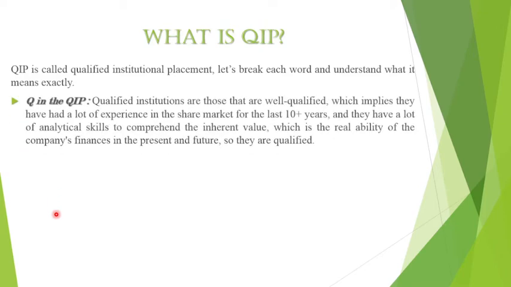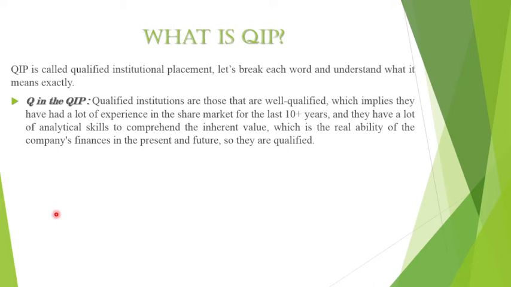First of all, the Q in QIP. Q stands for Qualified Institutions. Qualified institutions are those which are well qualified, as they carry a huge amount of analytical skills to understand the intrinsic value of a company.